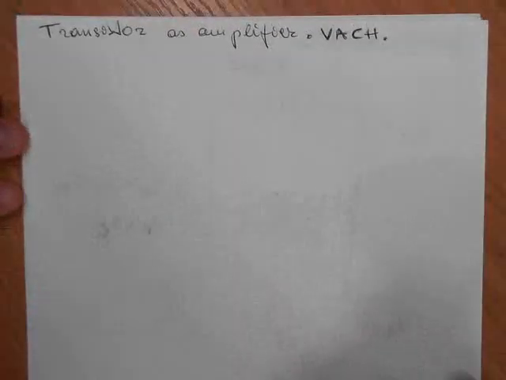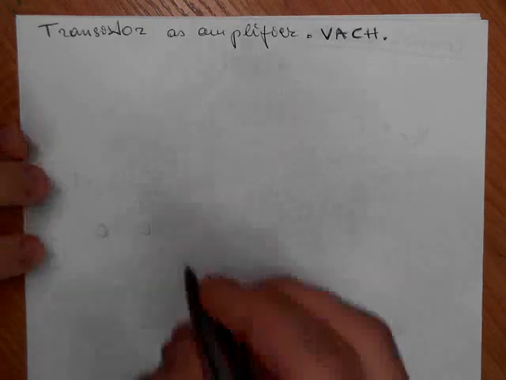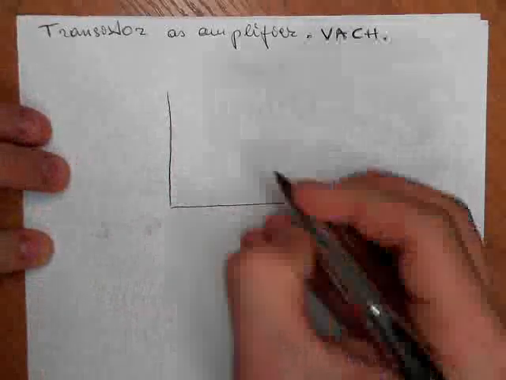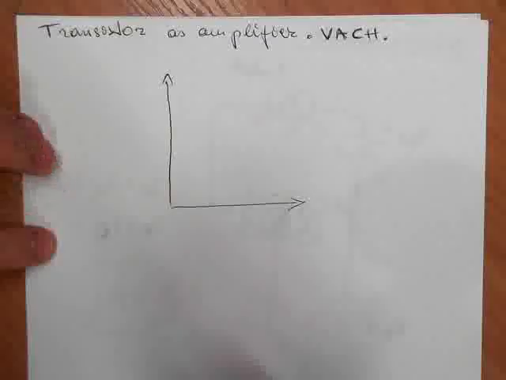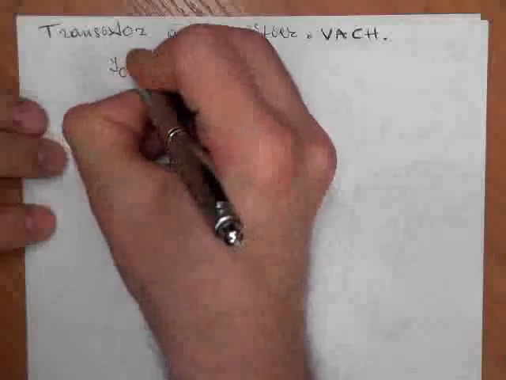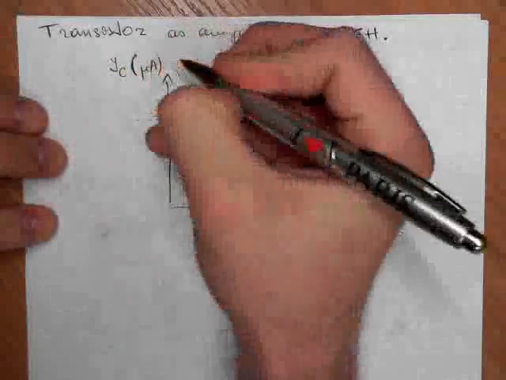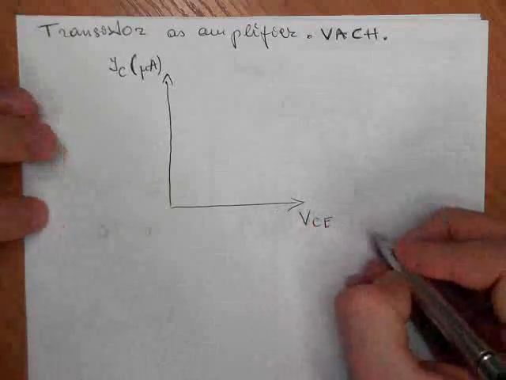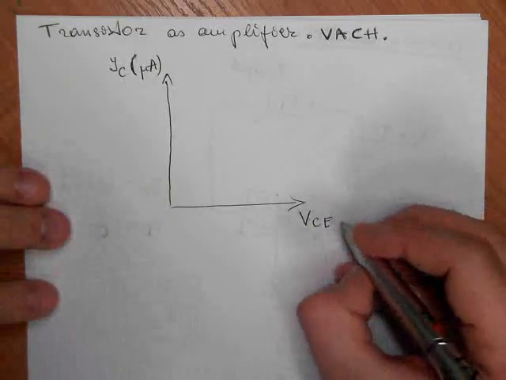During laboratory works, we have determined the output characteristics of the transistor. That means we have the IC, in microamperes, and here it was VCE, the voltage between collector and emitter, let's write it in volts.